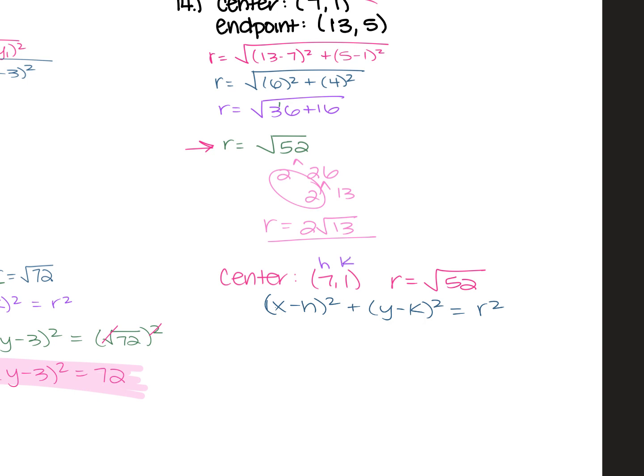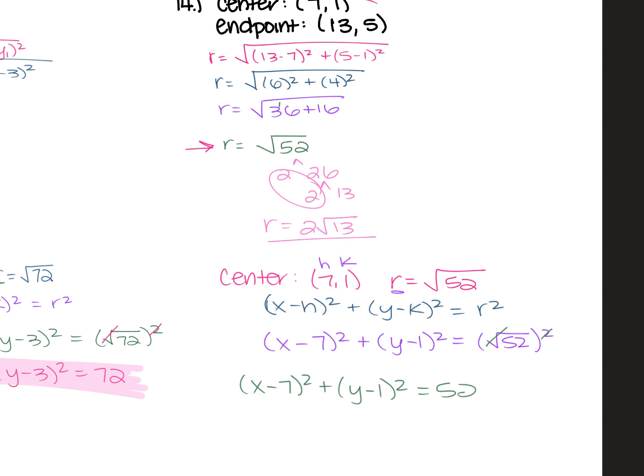H is 7, k is 1, r is that square root of 52. So it's going to give you x minus 7 squared plus y minus 1 squared is equal to the square root of 52 squared. Again, power, same as your index, so the power cancels out the radical, and you're just left with x minus 7 squared plus y minus 1 squared is equal to 52.